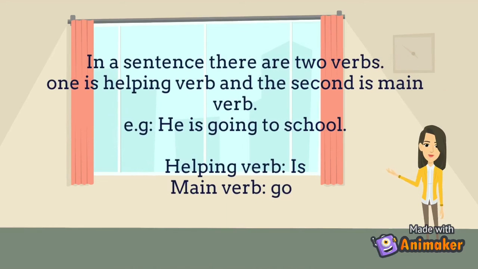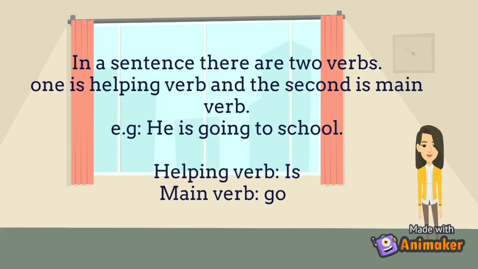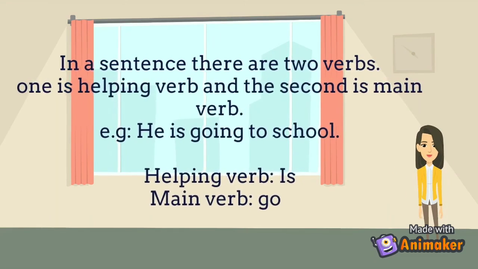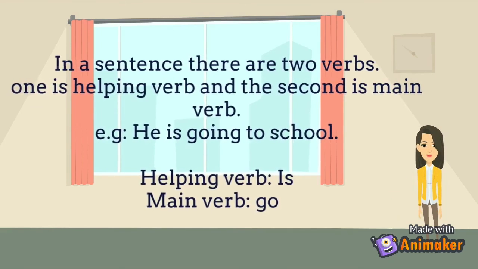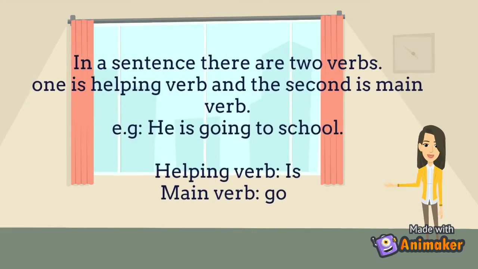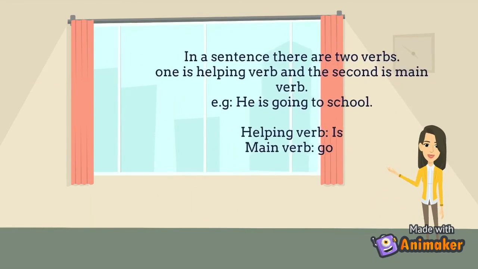One thing I would like to add over here is the difference between a helping verb and a main verb. The helping verb is also known as auxiliary verb. These helping verbs or auxiliary verbs are used in a sentence to show the tense or the time of the action in which it is occurring.